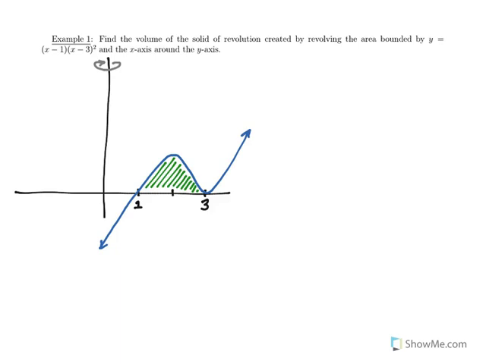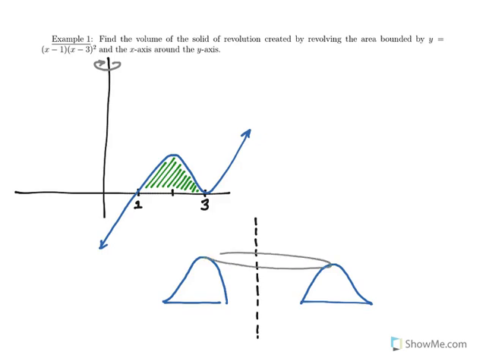So we're going to have our function here. We're going to revolve around the y-axis, so we're going to reflect that over the y-axis. And we have this done in a circular kind of manner.